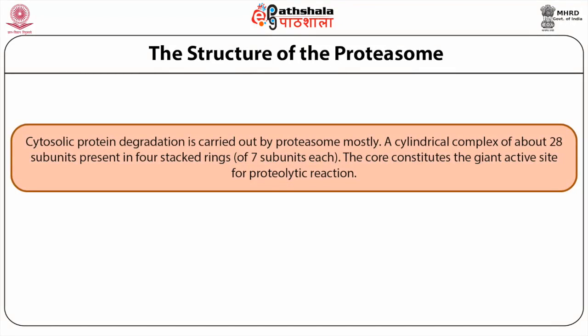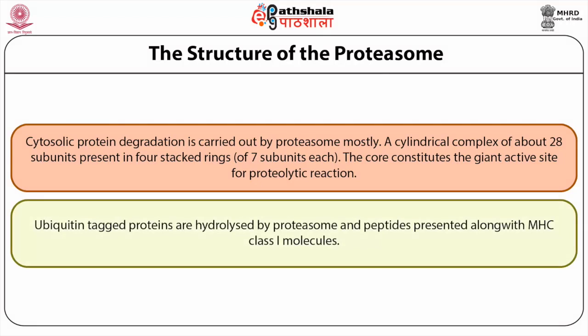Cytosolic protein degradation is carried out by the proteasome mostly. A cylindrical complex of about 28 subunits is present in 4 stacked rings of 7 subunits each. The core constitutes the giant active site for the proteolytic reaction. Ubiquitin tagged proteins are hydrolyzed by the proteasome and peptides presented along with MHC class I molecules.